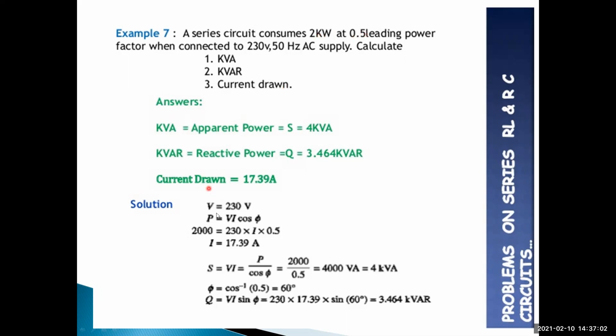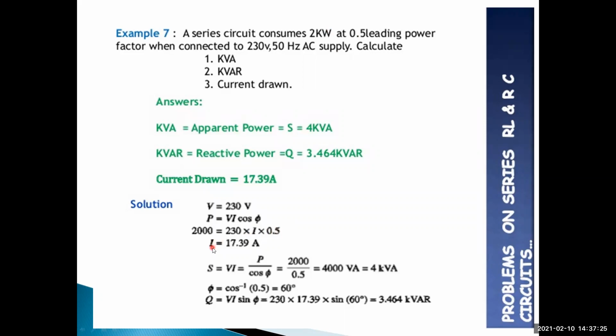After that, power is equal to VI cos phi, you know well. So power is 2 kilowatts, substitute here, 2 into 10 cube. V means 230 volts, and we have to find I, cos phi is 0.5.